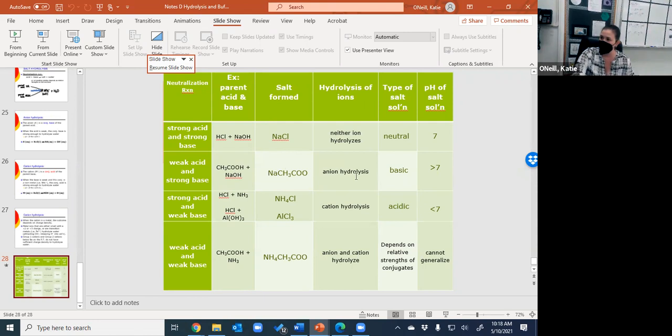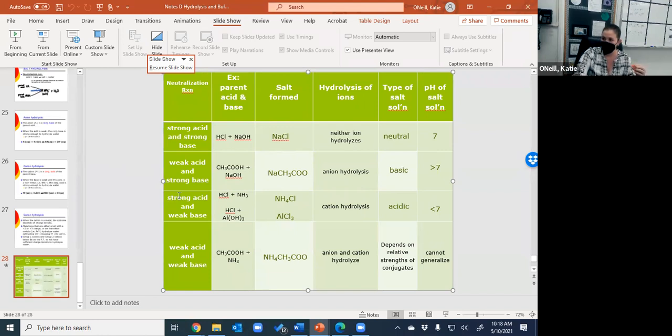But the point is that it's going to have anion hydrolysis. So weak acid, strong base, whatever is strong is going to be what the solution ends up as. Remember, with weak acid and strong base, the weak acid has a strong conjugate base. That strong conjugate base gives you a pH in the basic range.